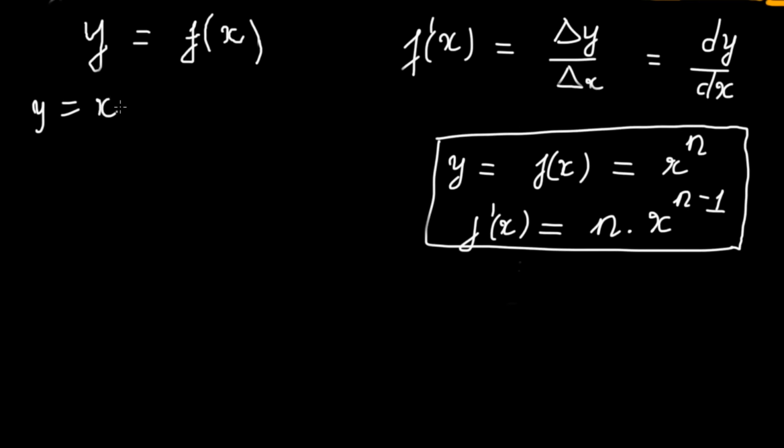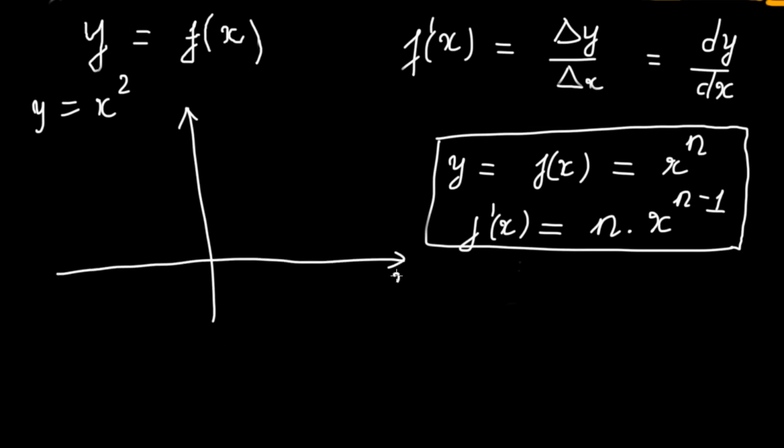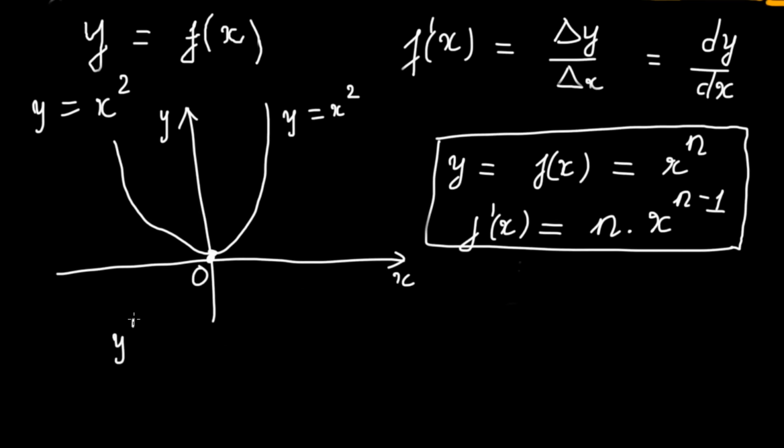We have y equal x squared. We need to draw the graph of it. So we already know it's supposed to be a parabola like this, y equal x squared, right? This is 0, 0. Now we already figured out y prime should be equal f prime of x equal 2x.